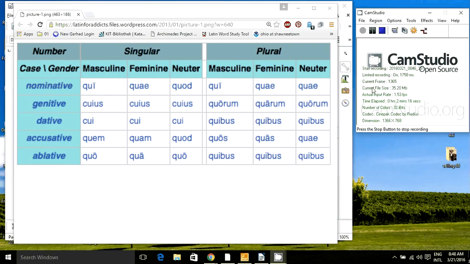As opposed to the next sentence: Homo de quo dicebas est amicus carus, the man about whom you were speaking. In that clause, it's being spoken about. It's being governed by the preposition de. De takes the ablative, so it has to be in the ablative. It's masculine and singular because it refers back to homo.